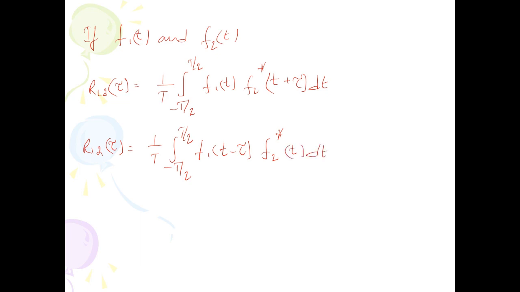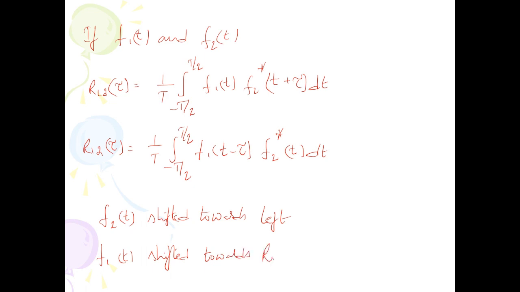So that is, f2 of t shifted towards left, and f1 of t shifted towards right.